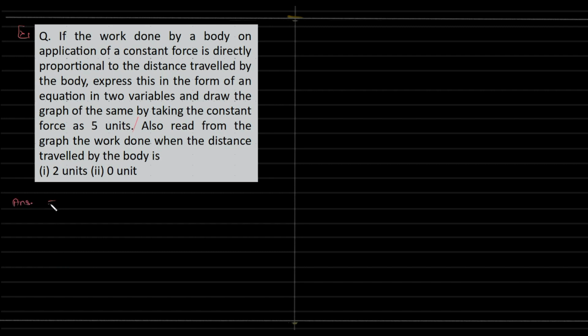So what they're talking about is this. Let's start with the diagram. So I have a body. Okay, let me draw it properly.